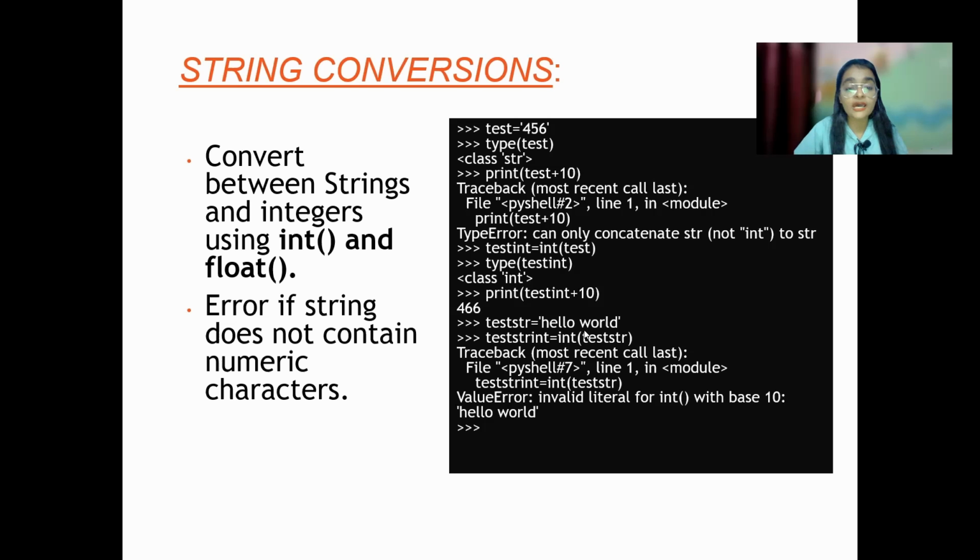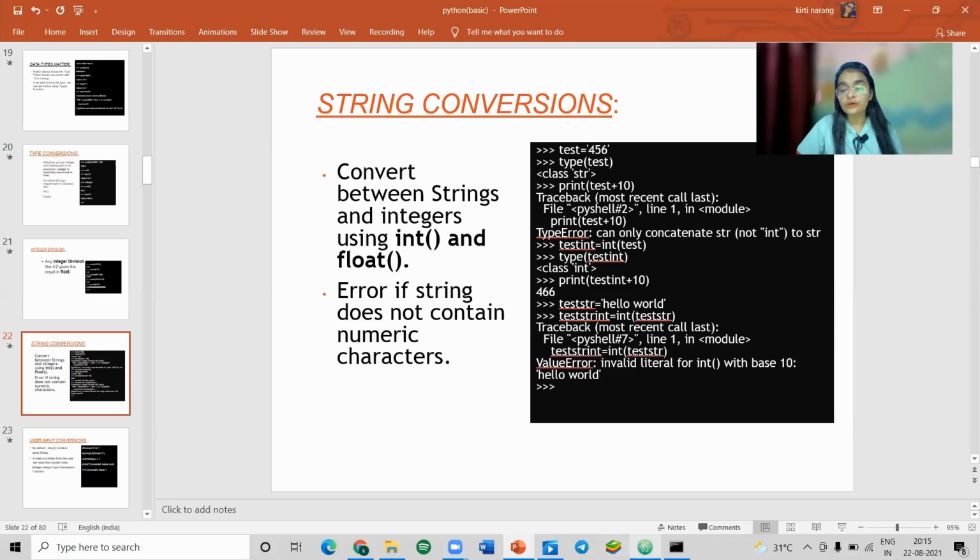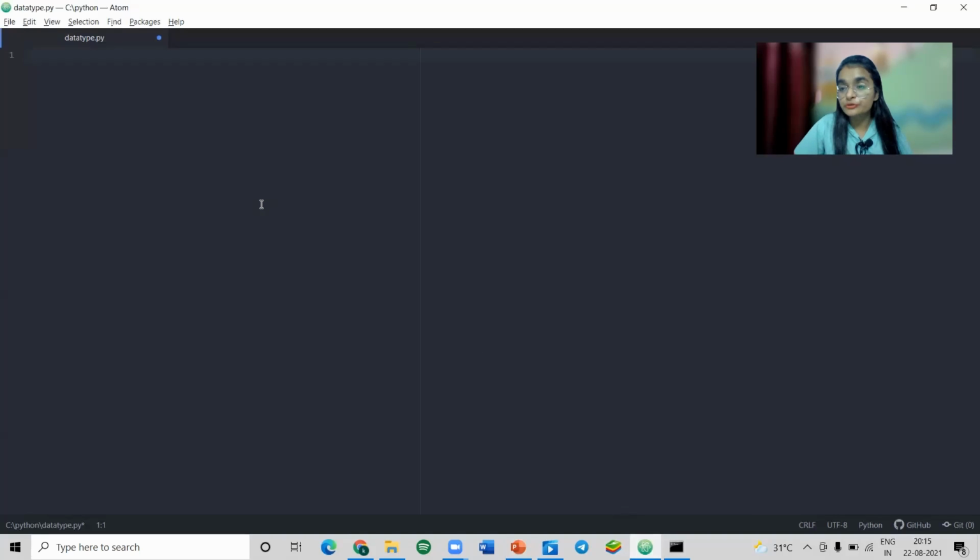So now we'll open our Atom so as to show how we are going to do this, right? I have a particular value that is test, and that is equal to 123. And now I am printing the type of test plus 10. What I'm going to show you is the value of float of test plus 10.